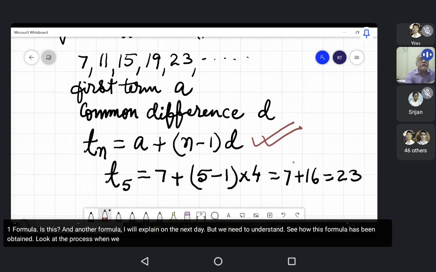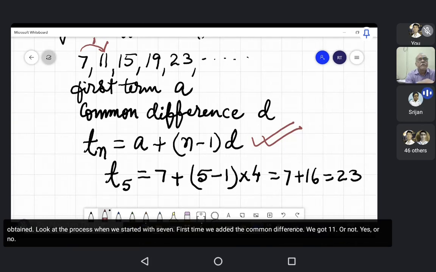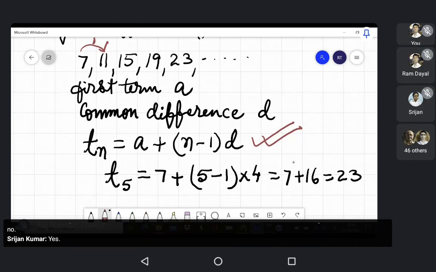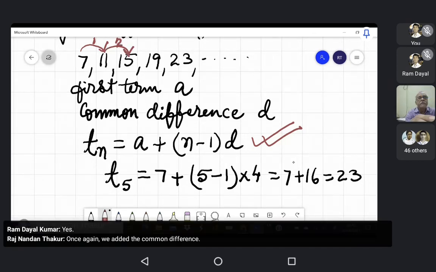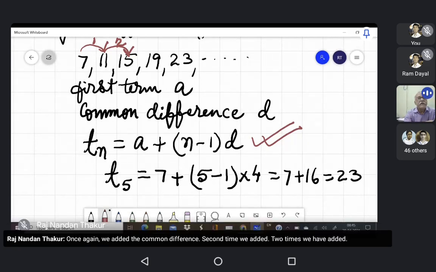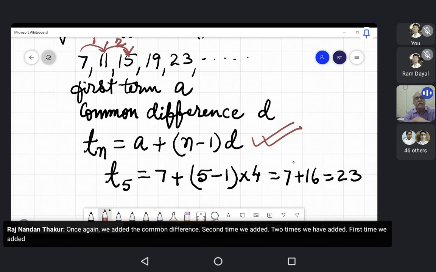When we started with 7, first time we added the common difference, we got 11 or not? Yes, sir. Once again we added the common difference. 2 times we have added: first 7 plus 4, again plus 4.